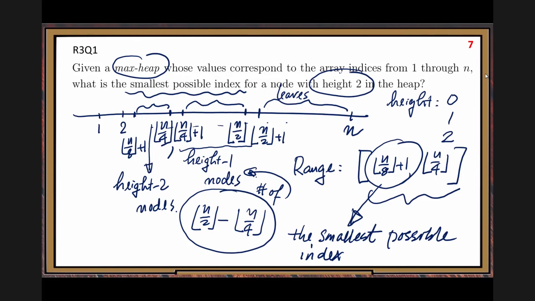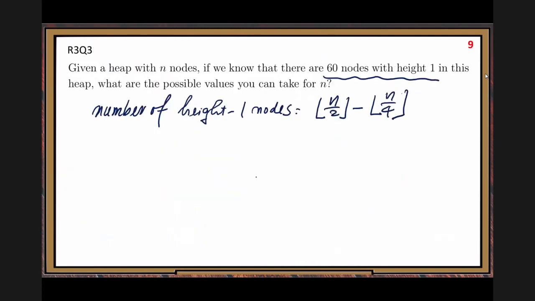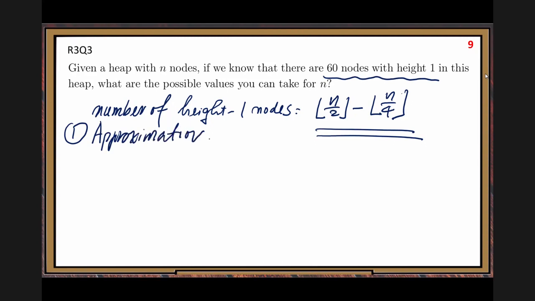Then, let's use this formula to solve our example number 3. This one is harder than our previous question. So the first step, approximation, that should be easy, okay? Remove the floor function.